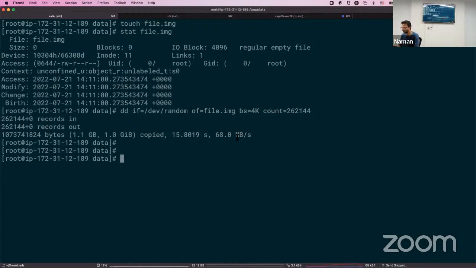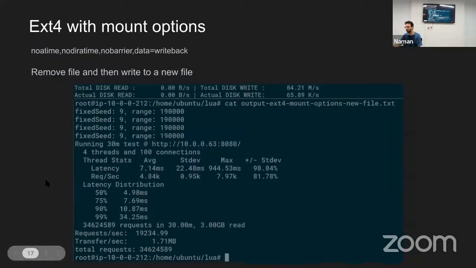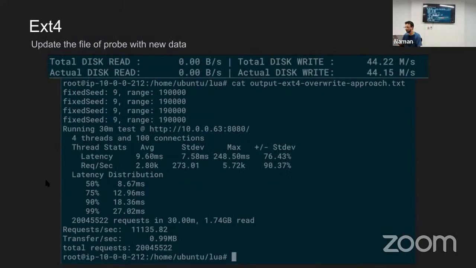But we realized that when we try to overwrite it, the performance is low, right? And the number we are getting over here for ext4, updating the file with new data, was around 11,000. So we thought, what if, before writing to the file again, rather than overwriting it, we delete that file and then create a new file?